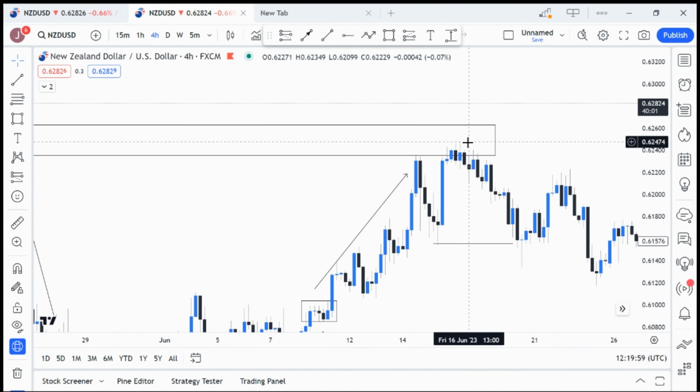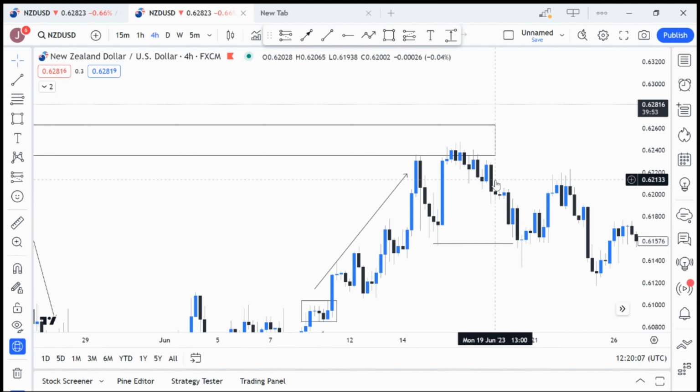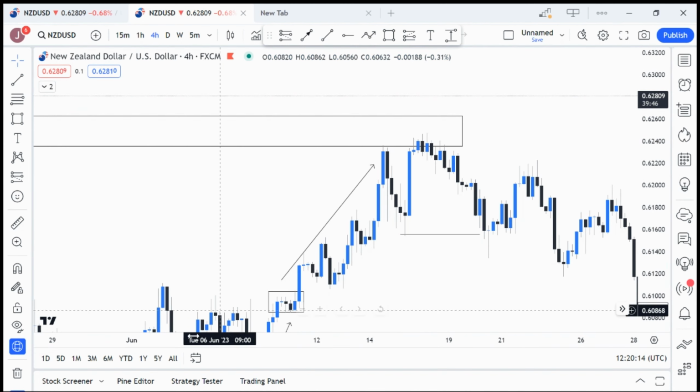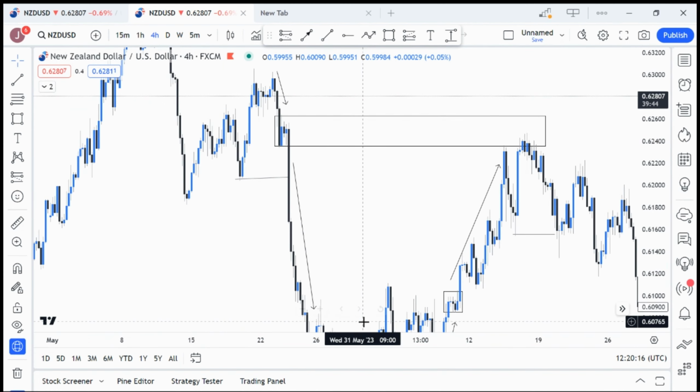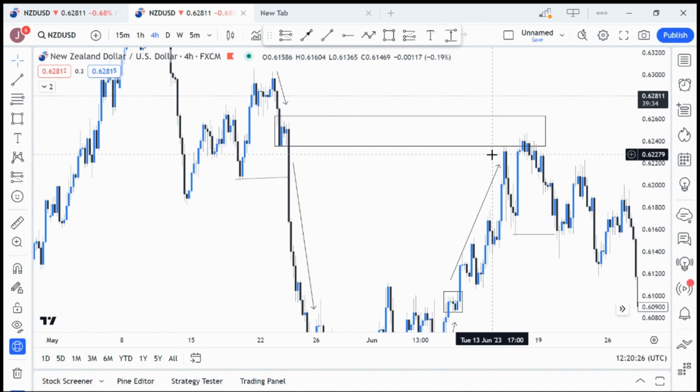This zone took out this low. Then the market reacted from this supply zone, this here, then continued selling down. So we are seeing that this zone is very strong. One, it has an imbalance. Two, it contributes to a break of structure. So it's tradable. You can trade from it.